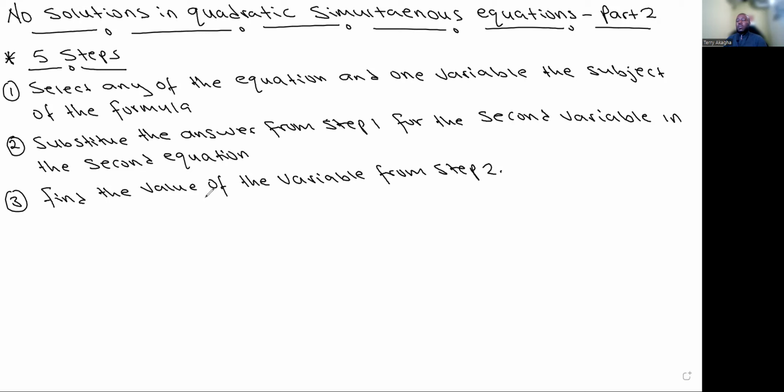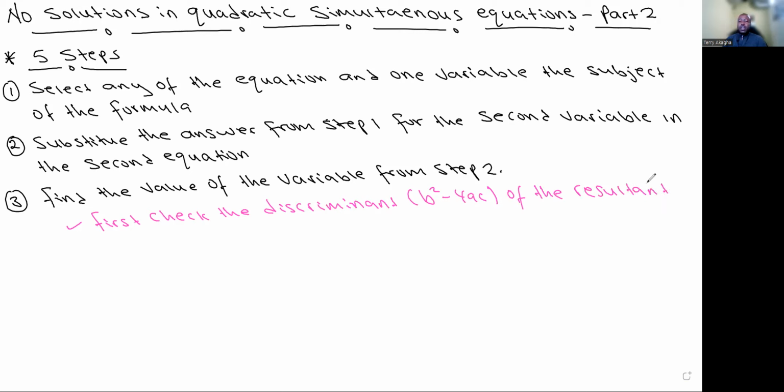Okay? And like I said also when I was talking about elimination by substitution, the first thing to do is that you have to check the discriminant. When I mean the discriminant, I'm referring to b squared minus 4ac of the resultant quadratic equation.